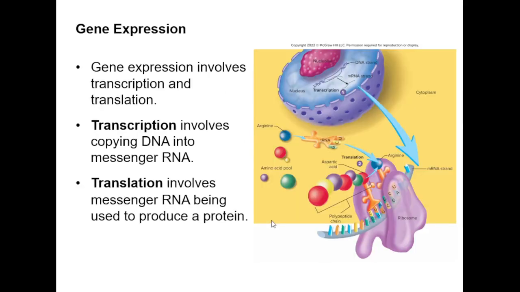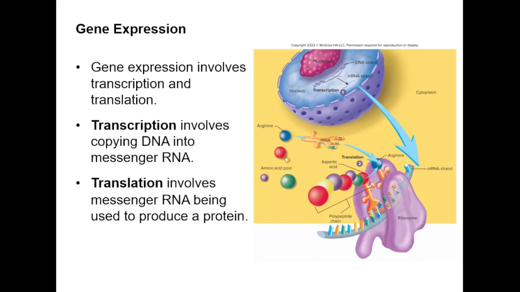Now, let's go to the meat, which is gene expression. So gene expression, again, is the production of protein from DNA. And it involves two important steps from the central dogma. And these are transcription and translation. When we say transcription, of course, the meaning of transcribe is to copy.